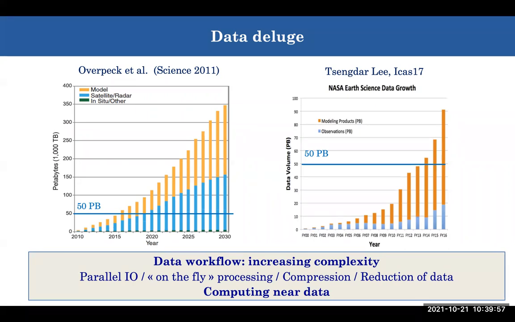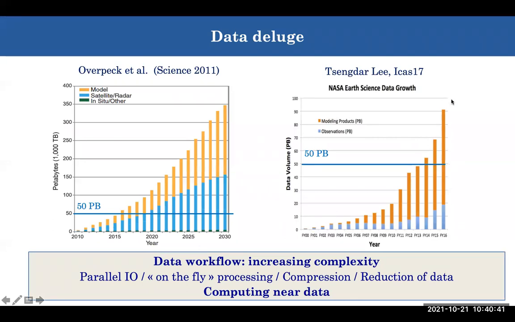On the left, you have an estimate that was published by John Overpeck in Science in 2011, showing what we estimated at that time as the deluge of data starting 2010 to 2030, with the satellite and radar data in blue, and the amount of data from models in orange, with a limit of 50 petabytes shown, and showing that both were planned to be increasing nearly of the same order between modeling and satellite data, which are quite heavy on the amount of data.